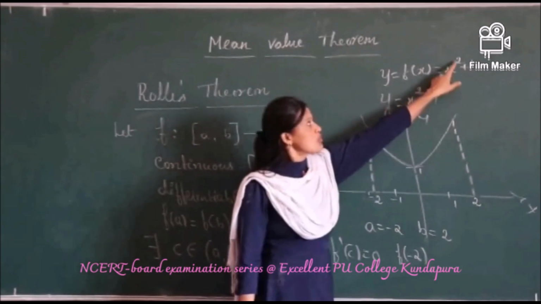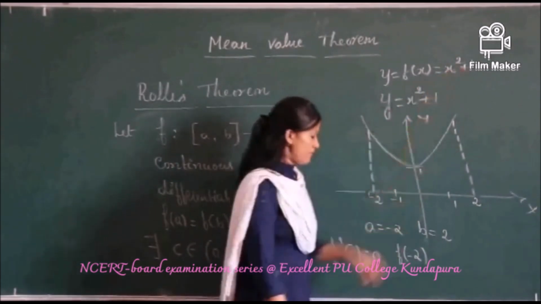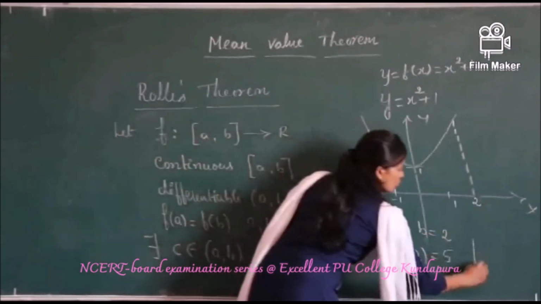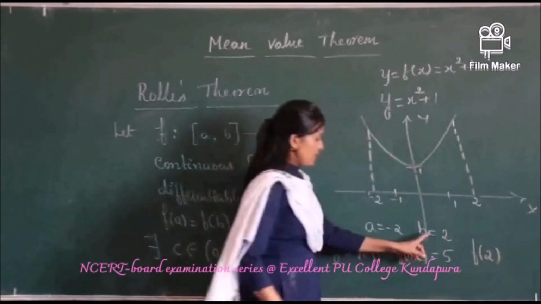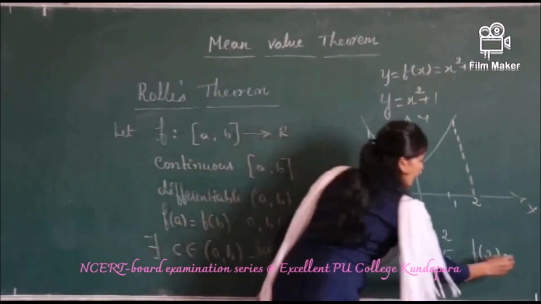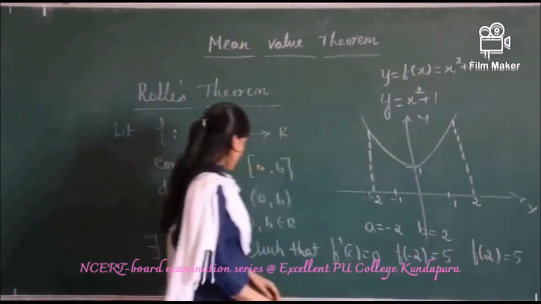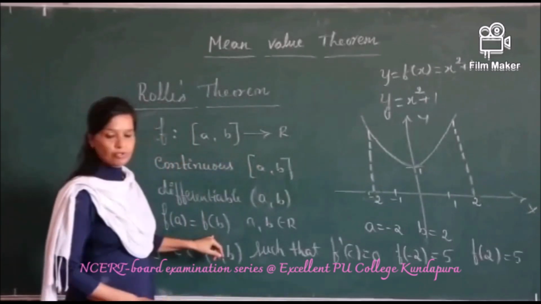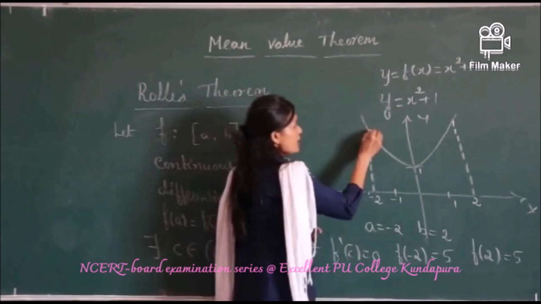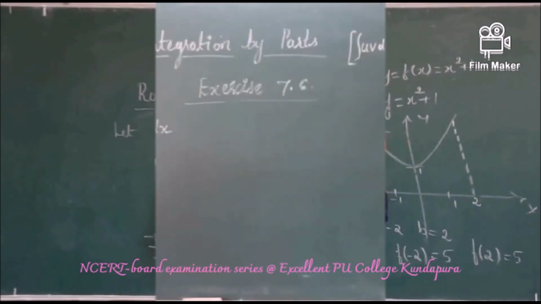I get minus 2 whole square plus 1, which is 5. And f of b is f of 2, which is also equal to 5. So this condition is also satisfied: f of a is equal to f of b. Both values are 5.